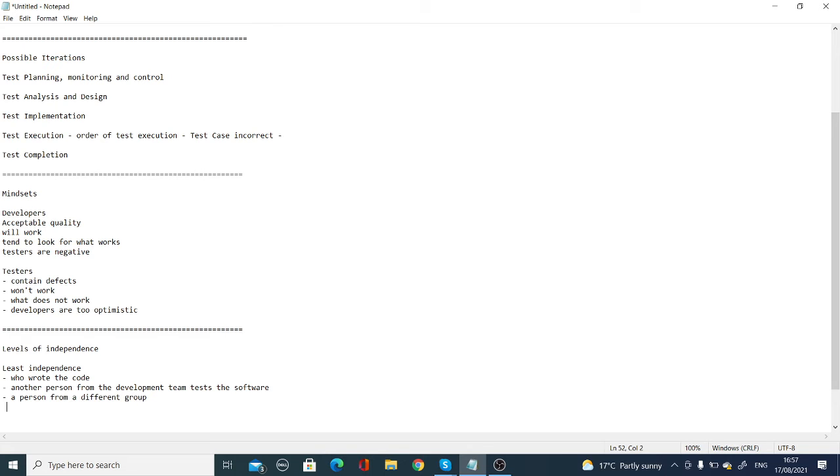In an independent test team, only testers will be there. As they do not have any close contact with the person who wrote the code, they will raise more and unique defects. But the most independence is the person from a different organization.